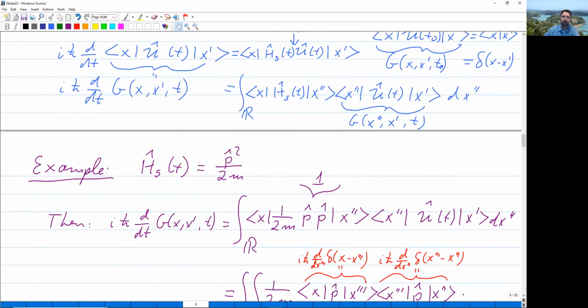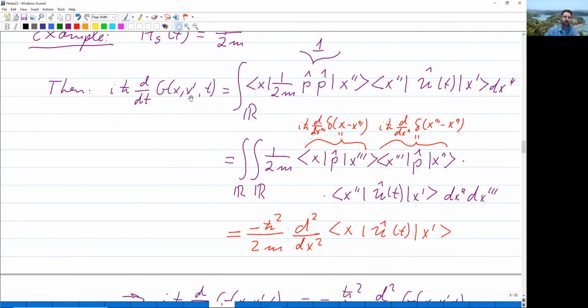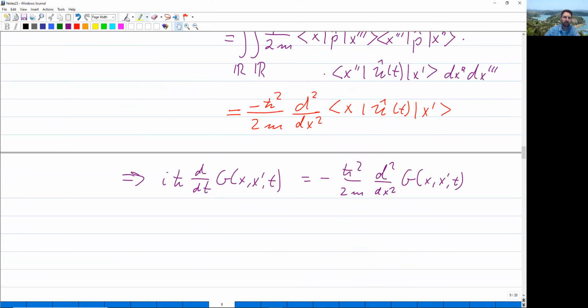So what we have is this, and g of x and x prime and t naught equal to delta of x minus x prime.